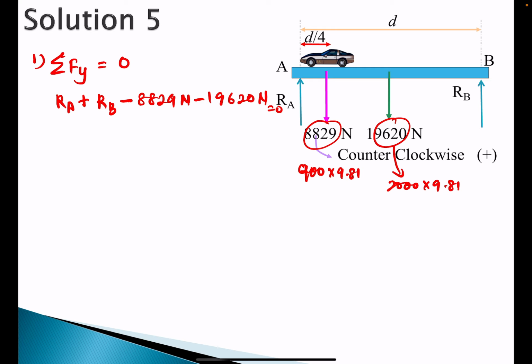So you will get Ra plus Rb minus 28449 equals 0. This is the first equation. Since you have two unknowns, you need to establish another equation so that you can solve the problem.